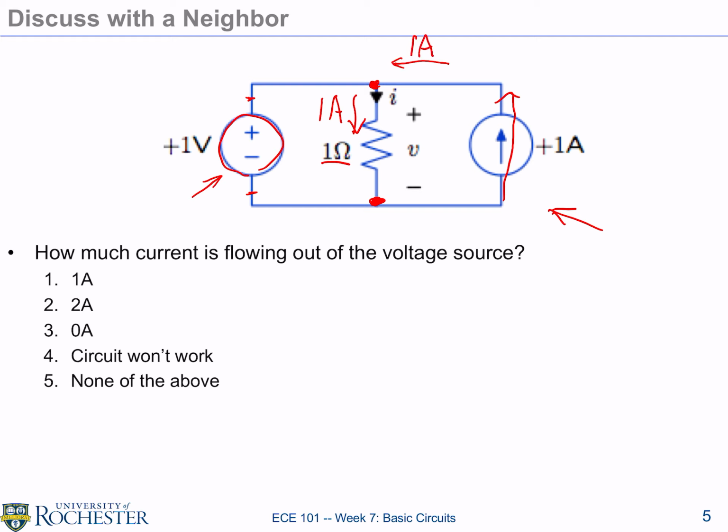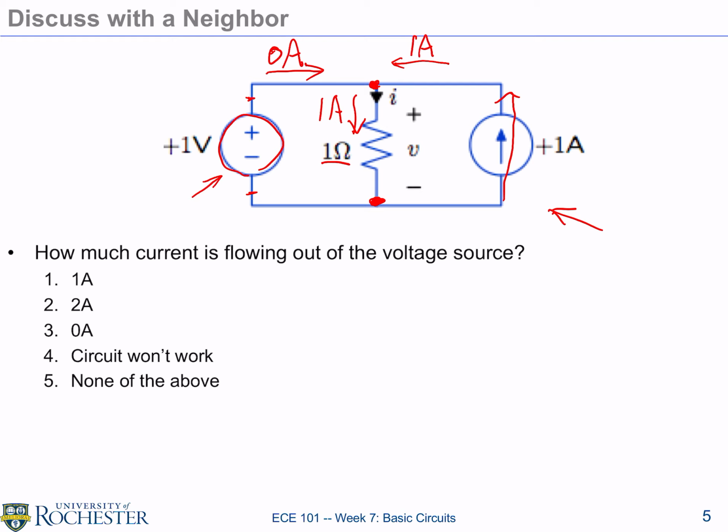So if the voltage source is supplying anything, then where does the current go? So the only logical thing in this case is 0 amp. It's not discharging.